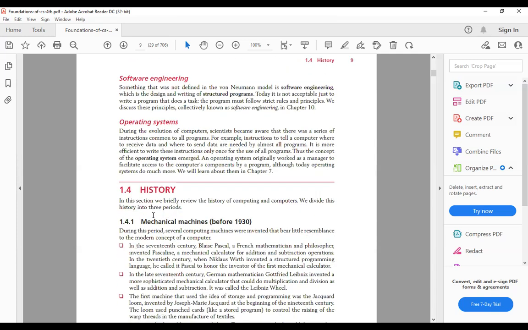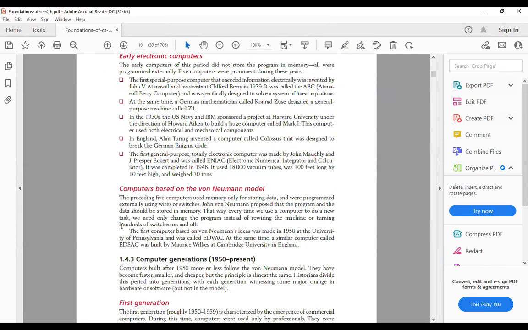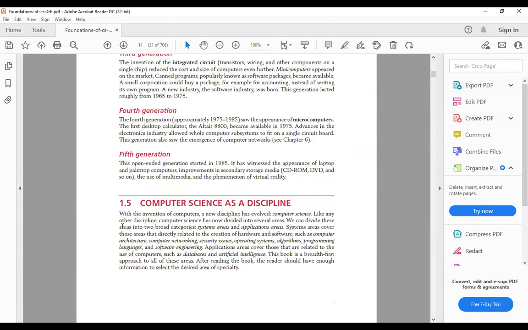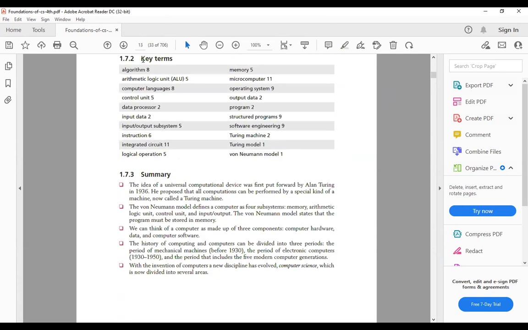Regarding the history, it is not required from you, so no need to look at it, and that's all. But it's very important for us to keep in mind different key terms.